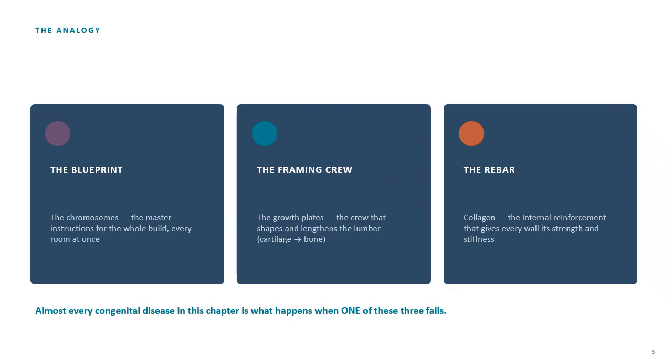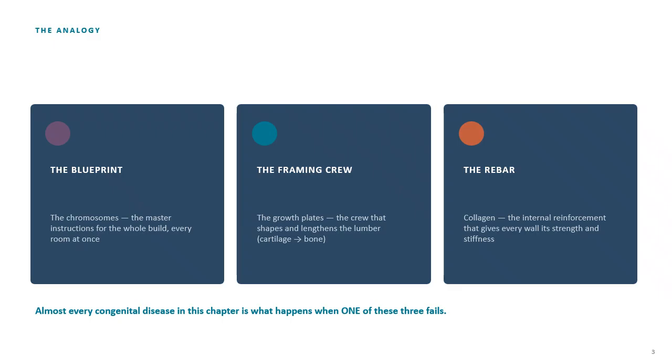The last thing in terms of this house that we're constructing, we're going to look at the rebar. All right, the rebar, when you talk about building, that's the metal or steel rods that strengthen the structure. So the rebar represents the collagen and also other connective tissues that we have in our body.